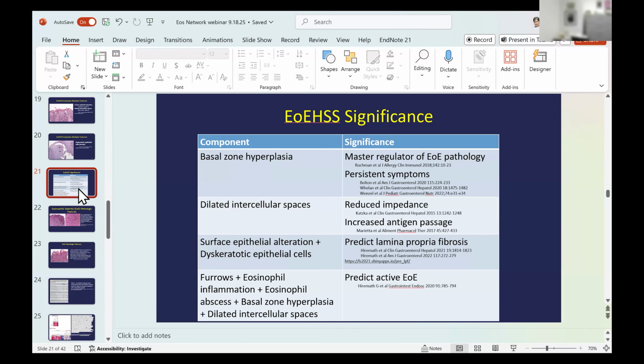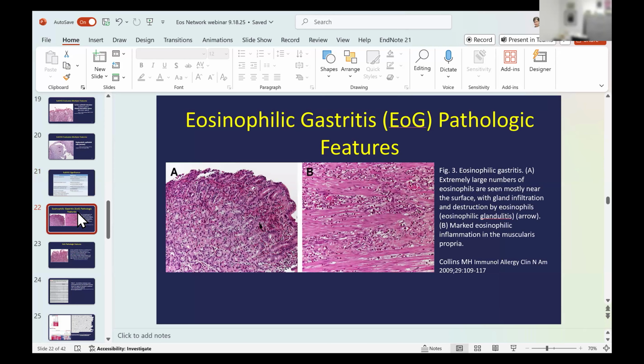So that's a backwards way of having an idea of whether someone is developing fibrosis or not. And then down at the bottom, all of those features, and the first one, furrows, is an endoscopic feature, but putting all of those features together has a very high ability to predict active eosinophilic esophagitis.